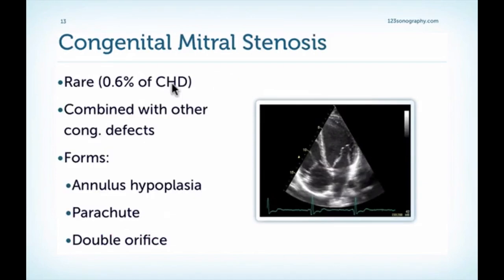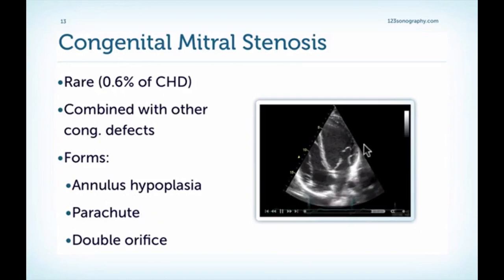And finally, let's talk about the third cause of mitral stenosis, congenital malformations of the mitral valve. Basically, they're very rare, and usually they're combined with other defects. 3 typical forms are the so-called annulus hypoplasia form, the parachute mitral valve, and the double orifice mitral valve.